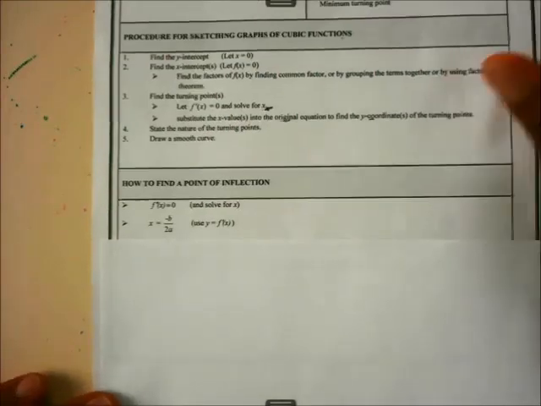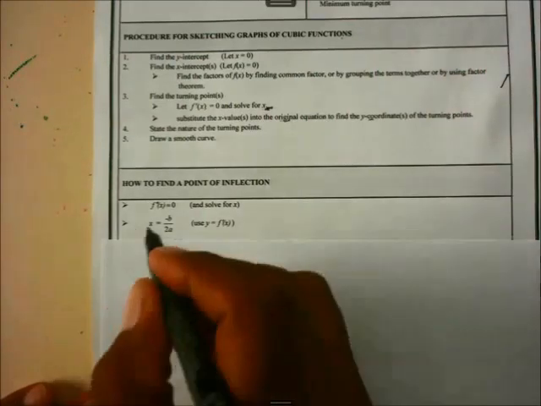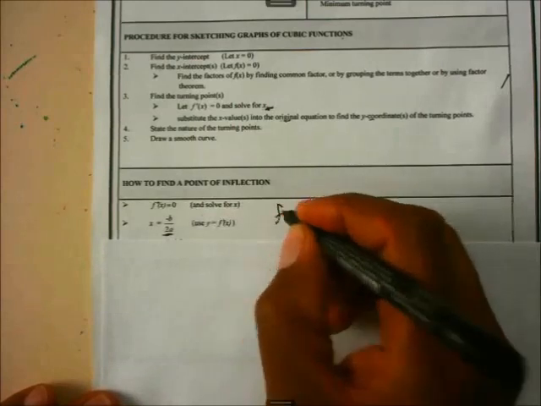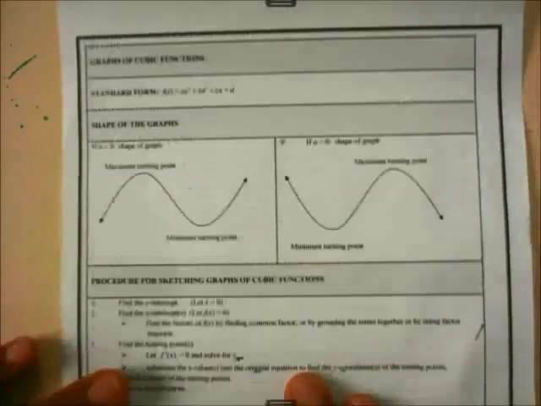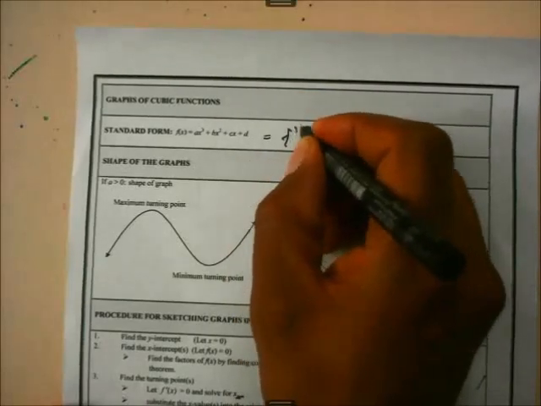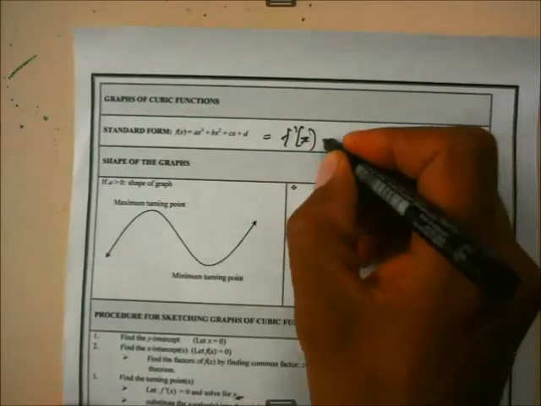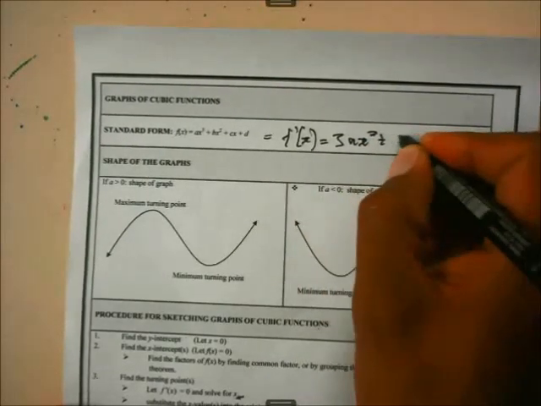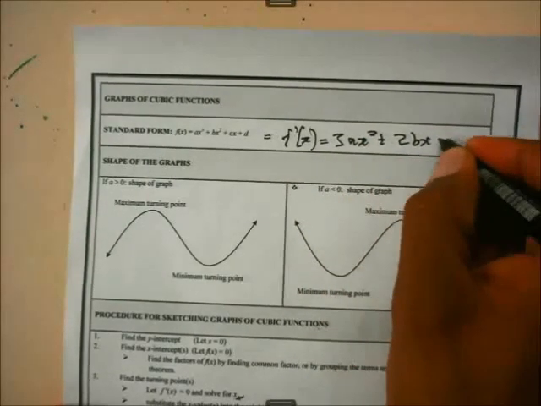Good. Now, the next one, you can also use x is equal to minus b over 2a. Remember, you're only going to apply this one to our first derivative. Remember, from the standard form, when I find the derivative, f prime of x is equal to 3ax squared plus 2bx plus c.